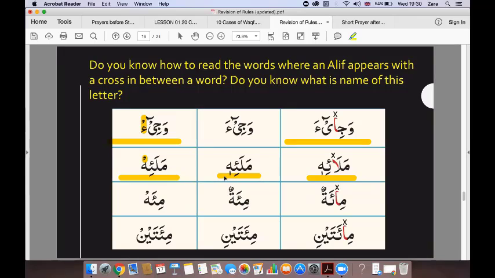So mala'ihi becomes mala'ih. Over here, read it very simply, mi'atun, and we know that it will become a ha sakin at the end, mi'ah. And the final example, we have it joined with the mim with kasra, and again we ignore it, mi'ataini.